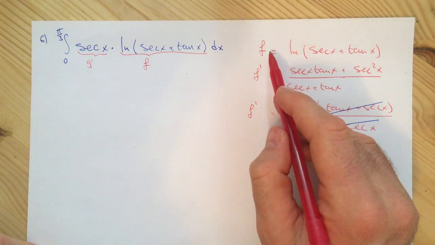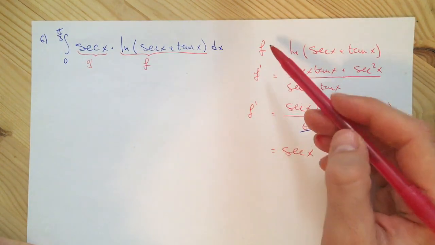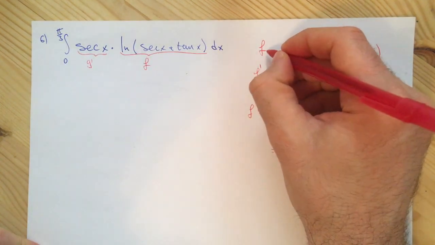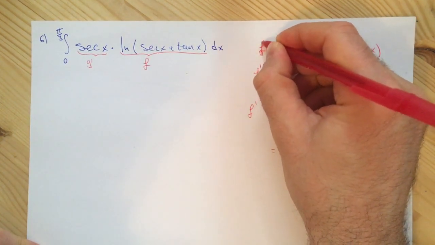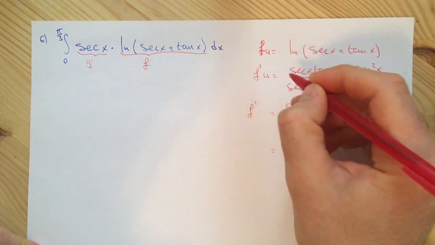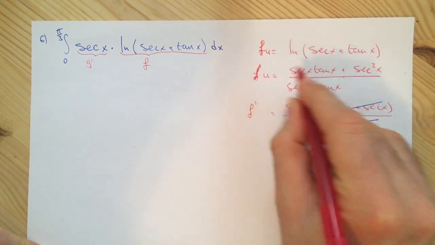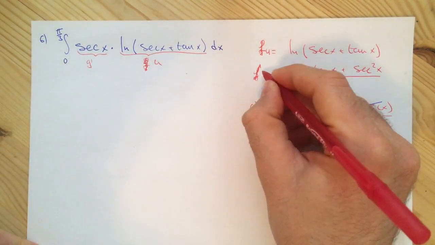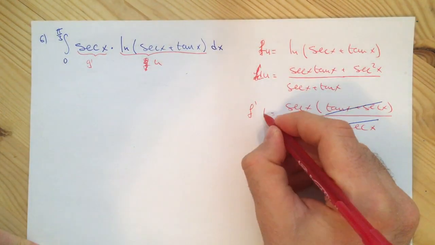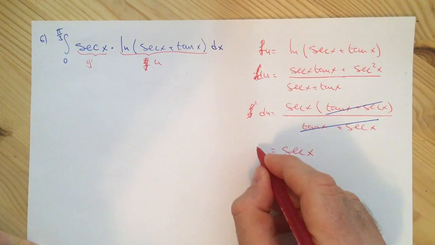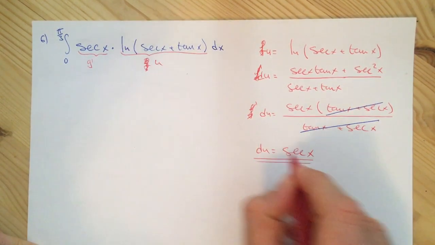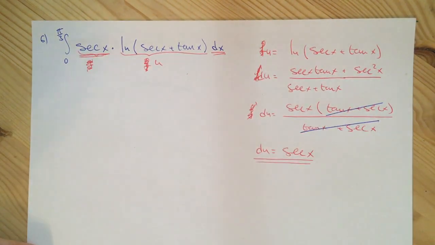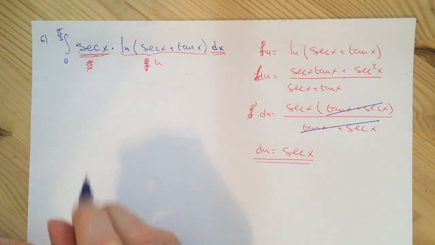So instead of applying integration by parts, it would be much easier to treat this as a substitution, because if you take u to be this part of the integrand, then du gives you the whole integral here.